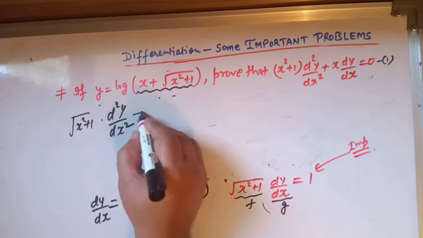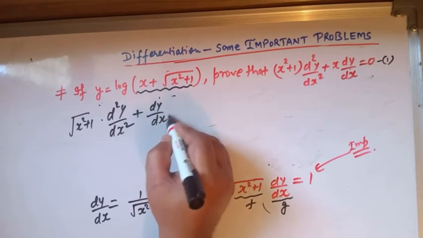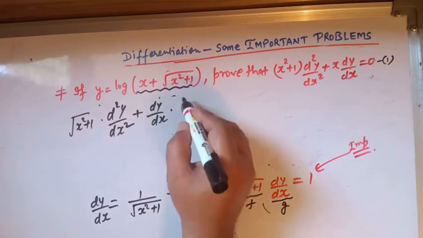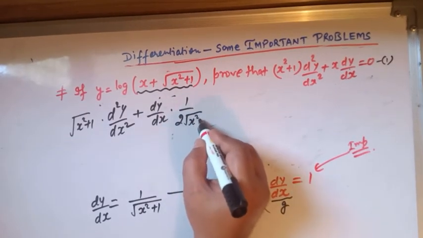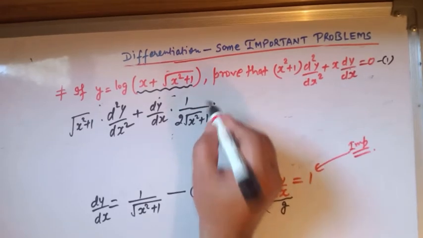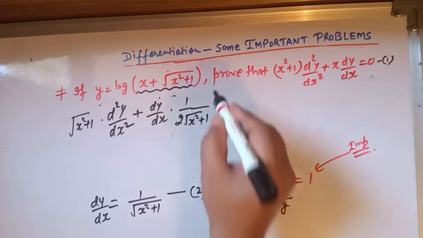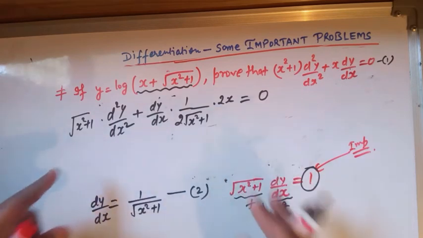Plus second function and derivative of this function, and derivative of this function is 1 over 2 square root of x square plus 1 multiplied 2x plus 0, because the derivative of 1 is 0, so we have 2x, and equal to 0 because the derivative of this one is 0. So I think this step is clear to you.